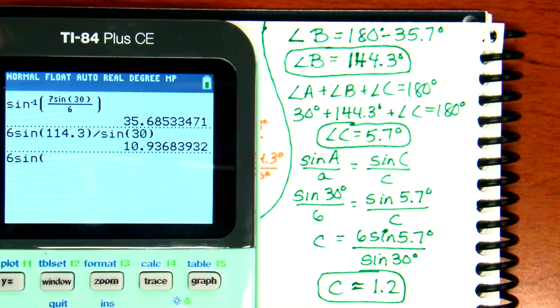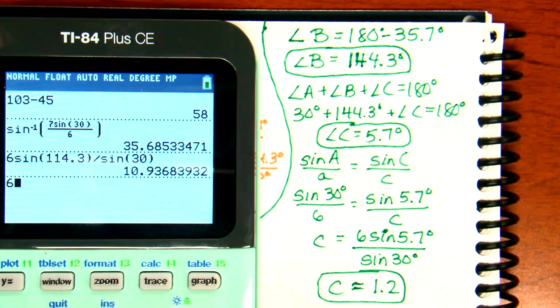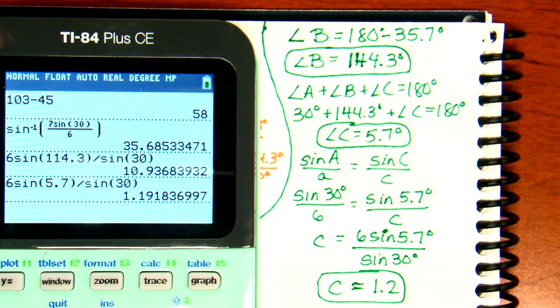Do I need to do that on my calculator? I haven't been doing the basic math, but 6 sine 5.7 divided by sine of 30. Whoops. Delete that. Try again. 6 sine 5.7. This is why you always watch what you type, because as soon as I hit enter, I noticed it said 3 and not 30. Okay. 1.2.